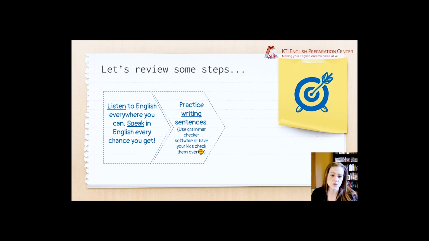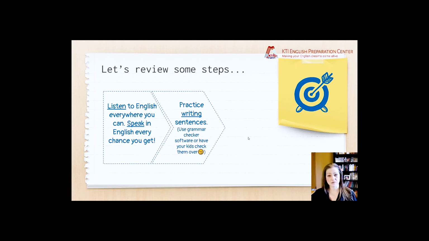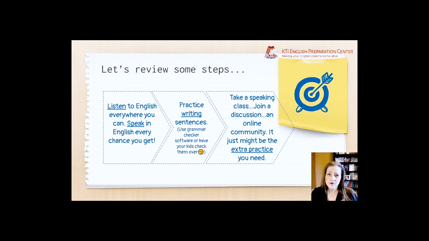Or if you've got school-age kids in junior high school, just have them check it over. They'll know right away. There'll be those native speakers that say, oh, it just sounds right. Right? And if you listen to it more and more and more, you'll get to the point where it just sounds right. Again, another step to take is take a speaking class. Or, of course, the teacher's going to say that. Join a discussion. On Facebook right now, you can type in comments and you can join a discussion.